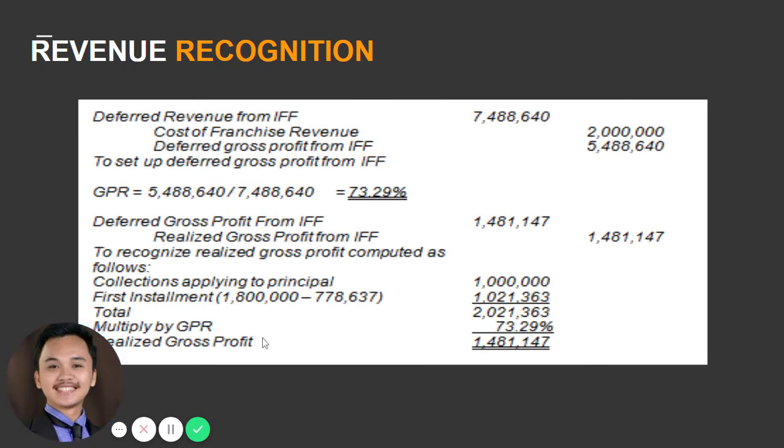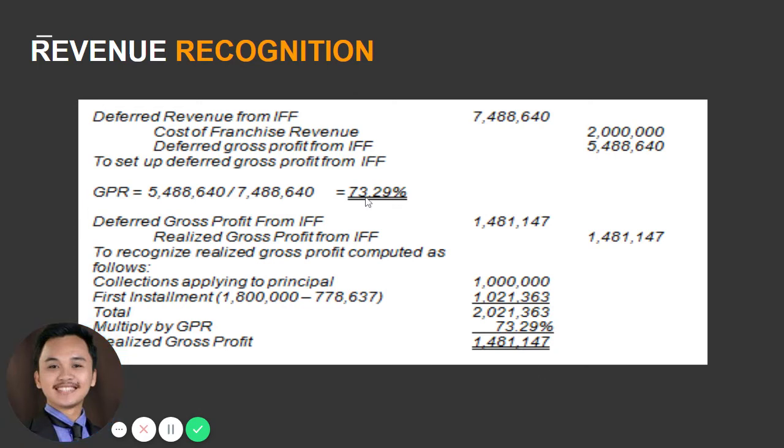So therefore, from 1.8 minus 778,637, only 1,021,363 is applicable to our principal. Plus 1 million down payment. So we have total cash of 2,021,363. Multiplied by our gross profit rate of 73.29. So therefore, we have realized gross profit for the year of 1,481,147.